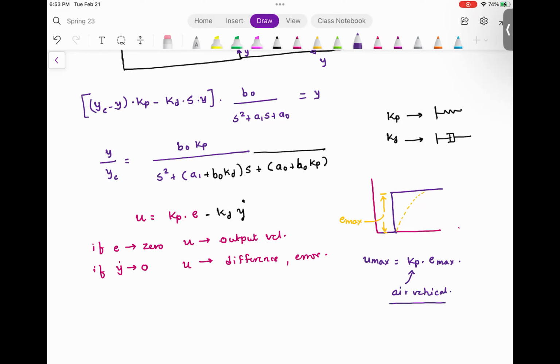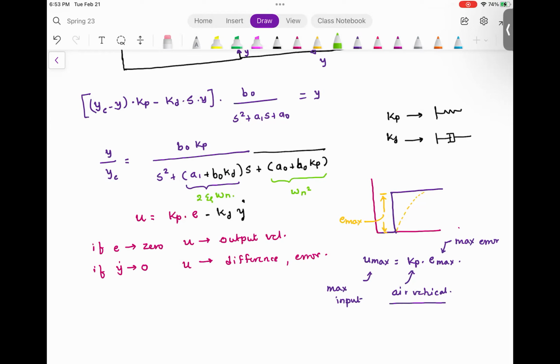So this Kp would be specific to the vehicle. You can find out the value of Kp based on the maximum error and maximum control input. At the end, please understand this equation is in the form of a second order control system, omega n square, two zeta omega n.